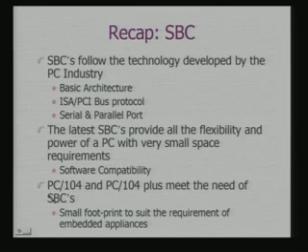In fact, PC 104 and PC 104 Plus meet the need of SBCs. These are nothing but re-specification of ISA and PCI bus suited for small footprint devices.